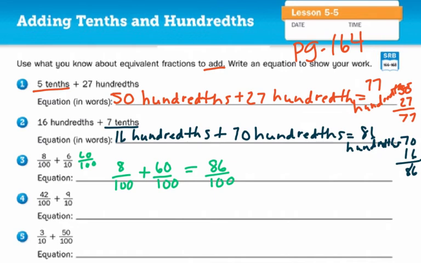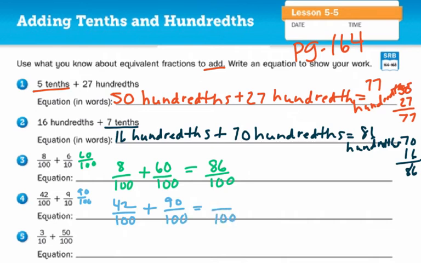Number 4, 42 hundredths. Write this in your journal on page 164. Plus, let's change 9/10 to hundredths. Multiply the top number and the bottom number, the numerator and the denominator by 10, and I get 90 hundredths.